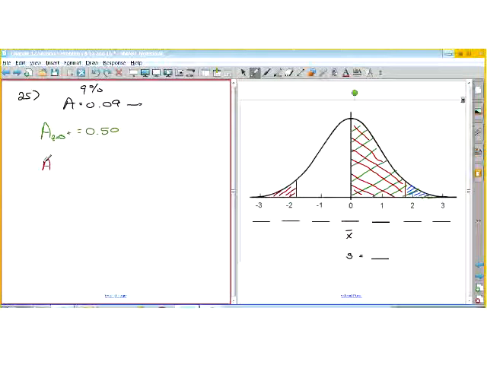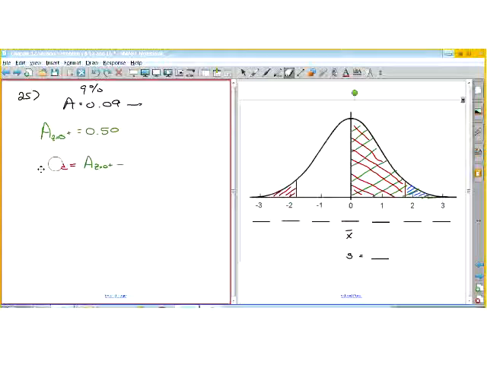So we can say the red area on the right-hand side here is going to be equal to the green area, which is where z is positive, minus the am... am I doing this right?